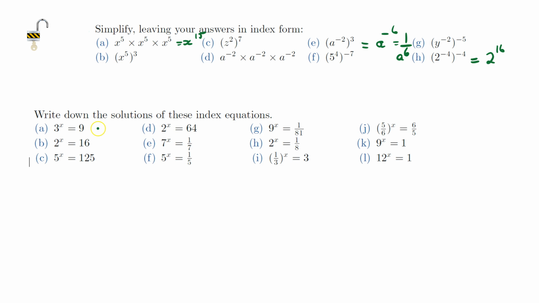So if we start with the very simple one here, we need to understand what the question is asking. It's saying, what power can we raise 3 to get 9 as the answer? And of course we square 3, we raise it to the power of 2. 2 to what power is 32?